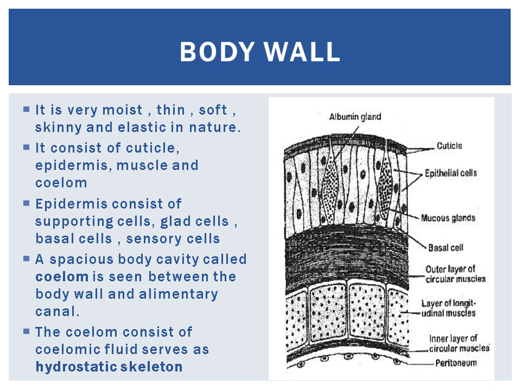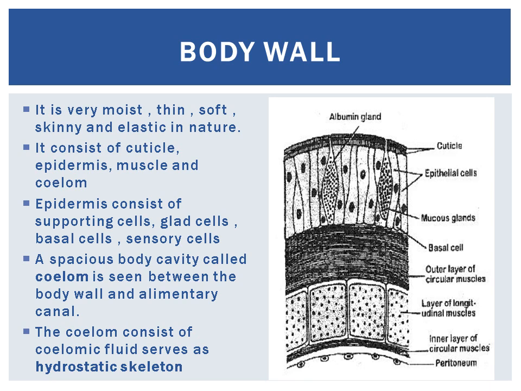Then if you look at the picture of the earthworm body wall, we can understand there are many layers, right? These layers are present in the body wall of the earthworm. The second point mentioned is that it consists of cuticle, epidermis, muscle and coelom.